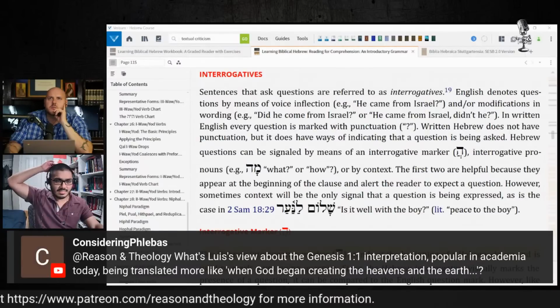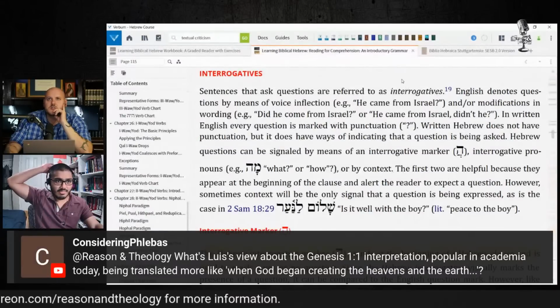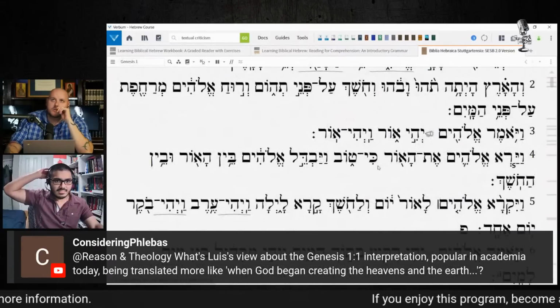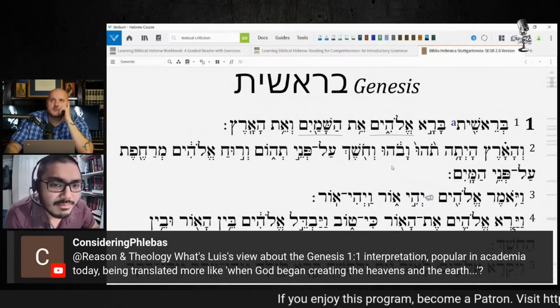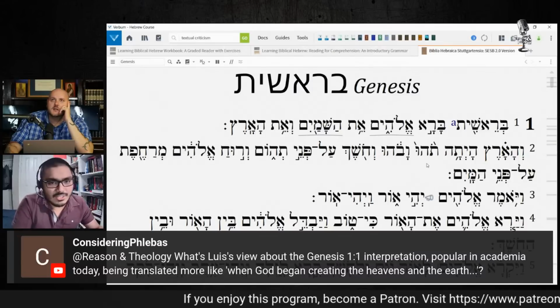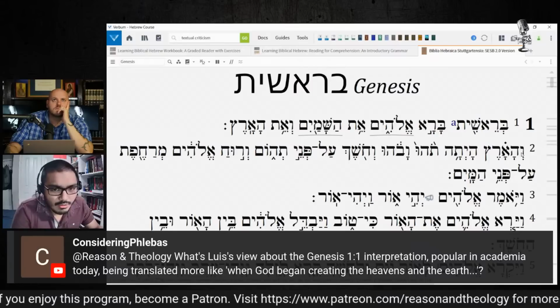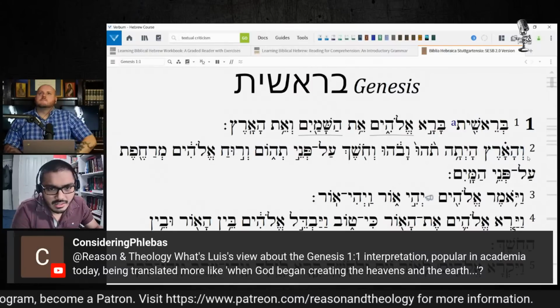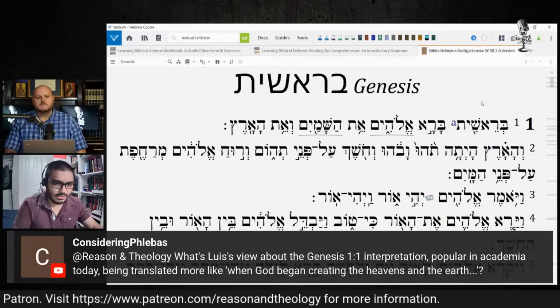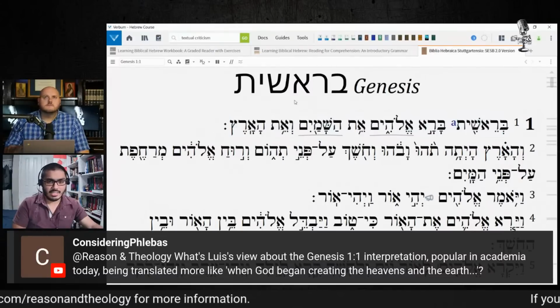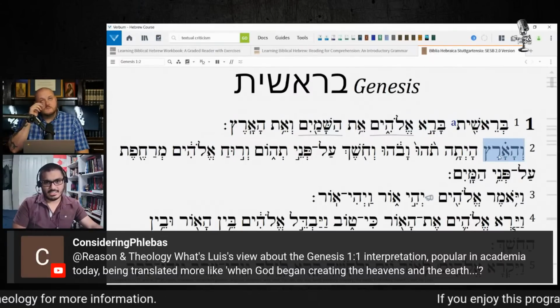What's Lewis's view about the interpretation of Genesis 1:1, popular in academia today, being translated more like "when God began creating the heavens and the earth"? Yeah, there is some debate over the vav at the beginning of verse 2. So you would normally translate, Bereshit bara Elohim et hashamayim v'et haaretz, v'haaretz.